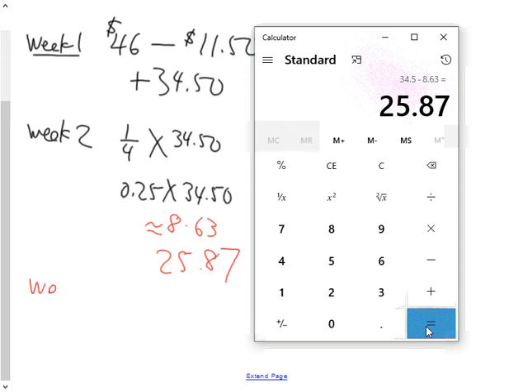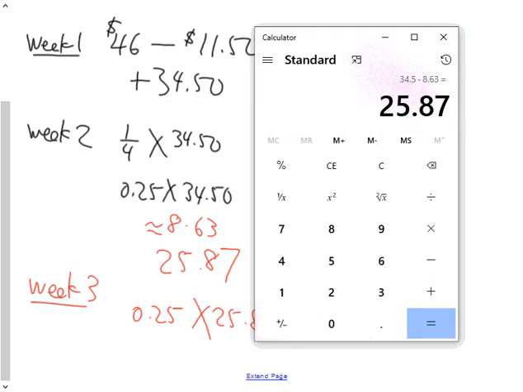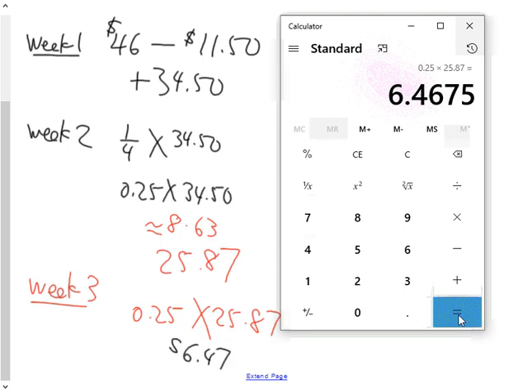And finally, week 3, I just realized these are supposed to be months, but whatever. So a quarter of the remaining balance of $25.87 will be taken out as a service fee. So I'll grab my calculator. A quarter of $25.87 equals, there will be a service fee of roughly $6.47.